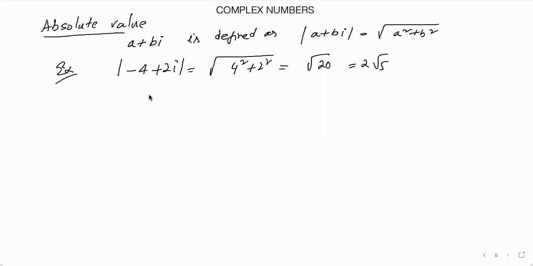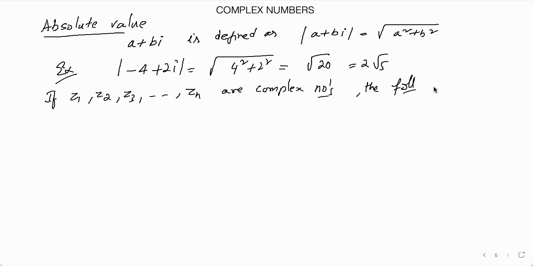Now, if z1, z2, z3, ..., zn are complex numbers, the following properties hold. These are very important properties.